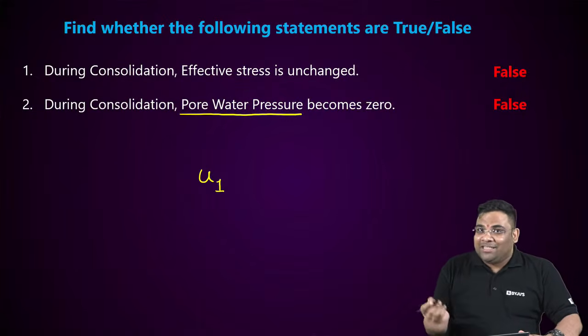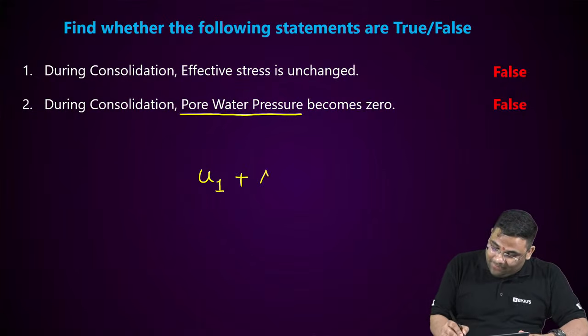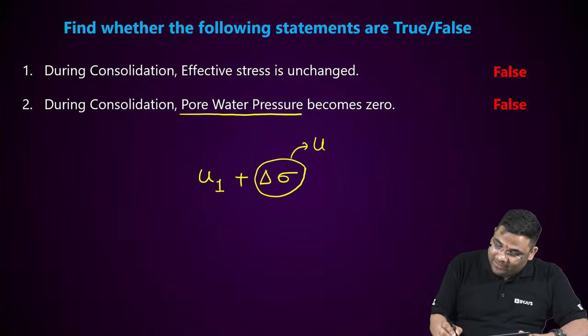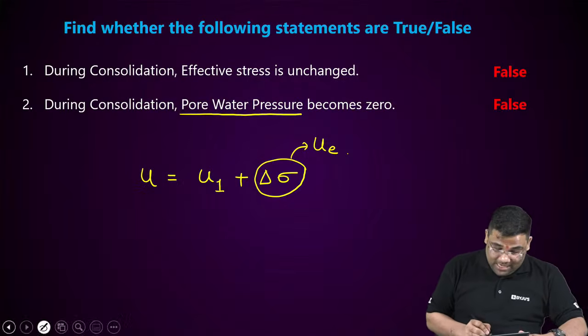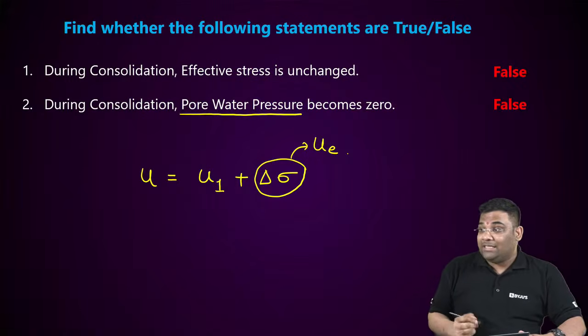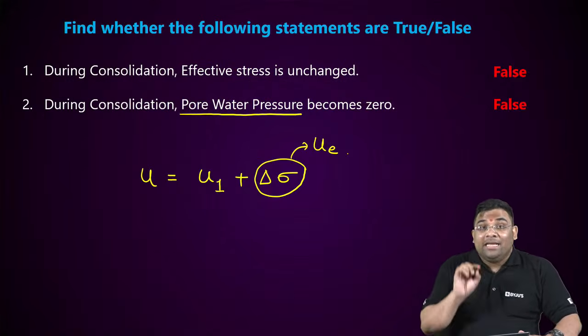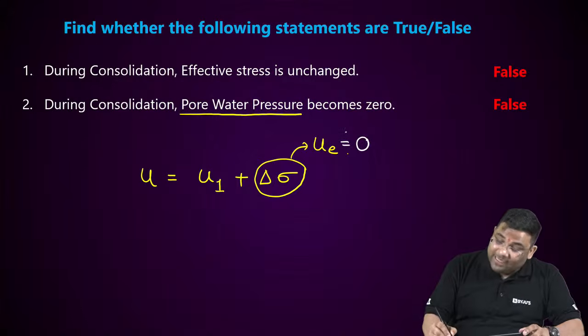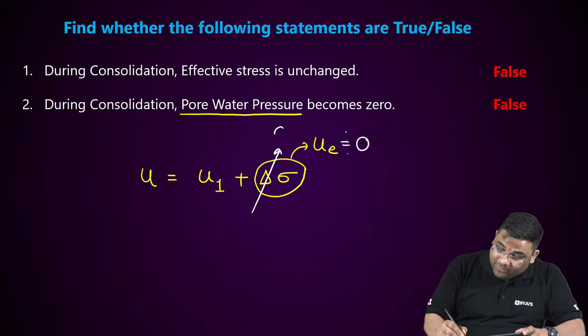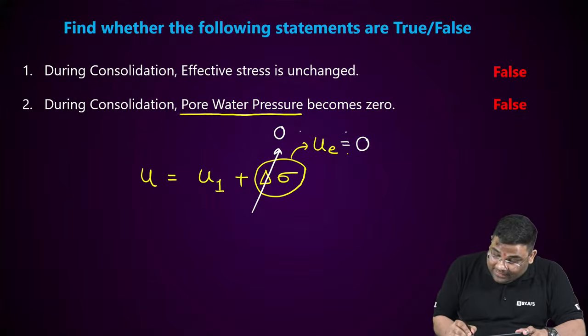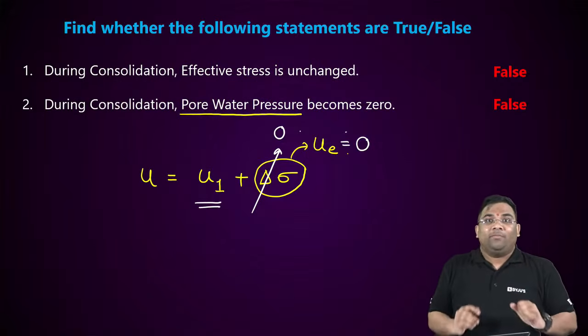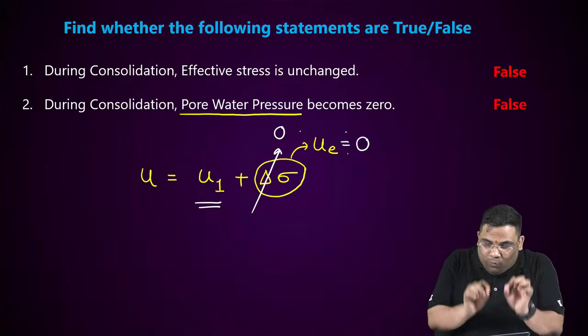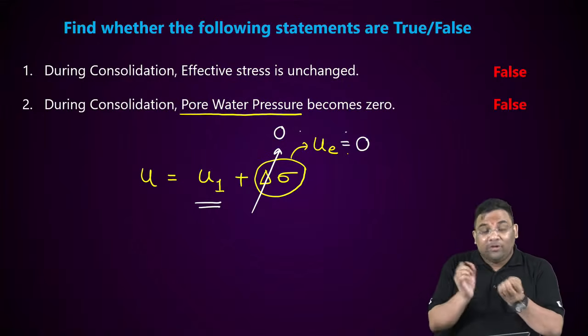When the additional stress came, there was development of excess pore water pressure, right? And this became the new pore water pressure, right? Now when there is consolidation, when the water drains out, the excess pore water pressure became zero. This term becomes zero. But there is still the initial pore water pressure, right?